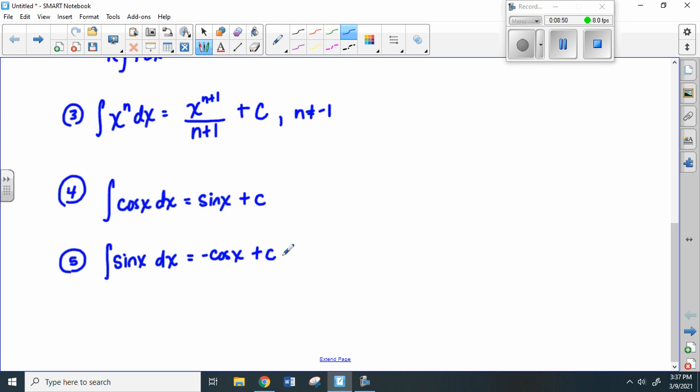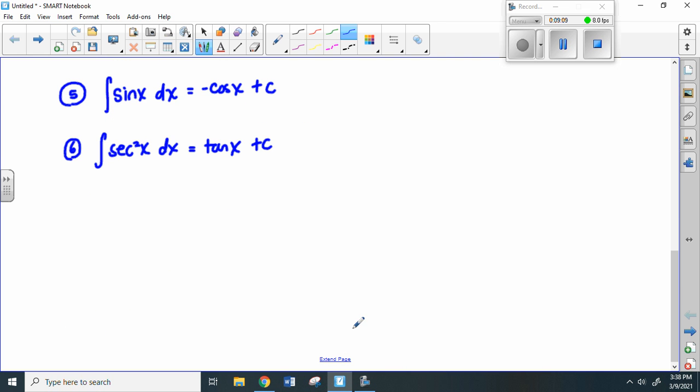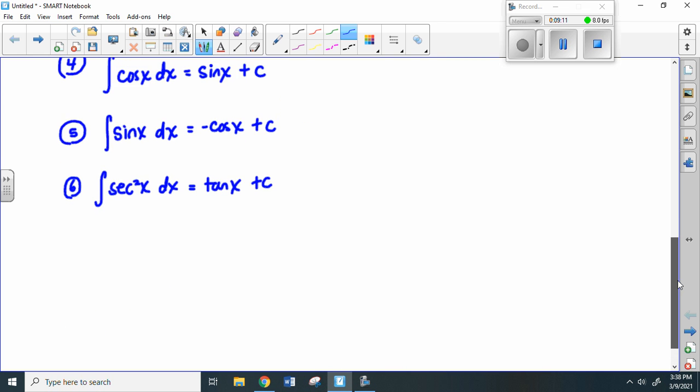Well, when I take the derivative of tangent of x, I get secant squared of x. So that means I should be able to integrate secant squared of x and go back to tangent of x. Again, you just need to review your derivatives and make sure you can basically do them forwards and backwards.